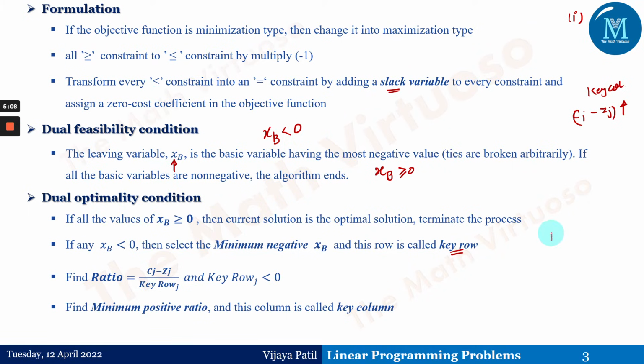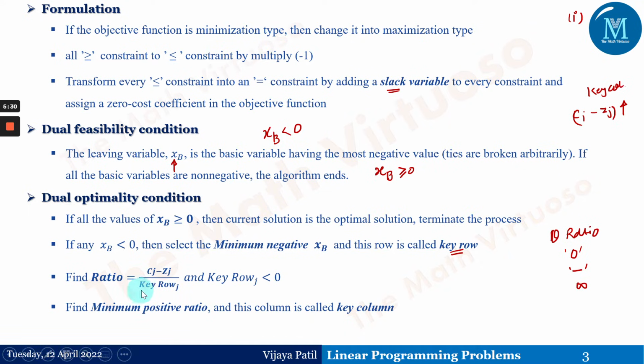Whatever conditions we have discussed on the theta or the ratio, we are not going to consider the theta when it is 0, when it is negative, or when it is infinity. The same case is over here. If the ratio is coming out to be less than 0, then only the Cj minus Zj upon key row j will come into existence.